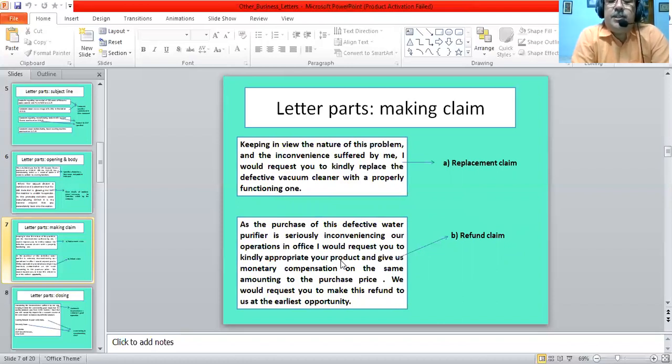Keeping in view the nature of this problem and the inconvenience suffered by me, I would request you to kindly replace the defective vacuum cleaner with a properly functioning one. So this is the replacement claim. Very clearly, the customer is saying to replace the defective vacuum cleaner with a properly functioning one. Or in other words, substitute the defective cleaner for a fully functioning and operational one.